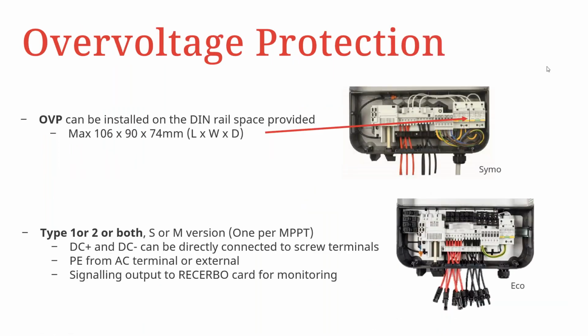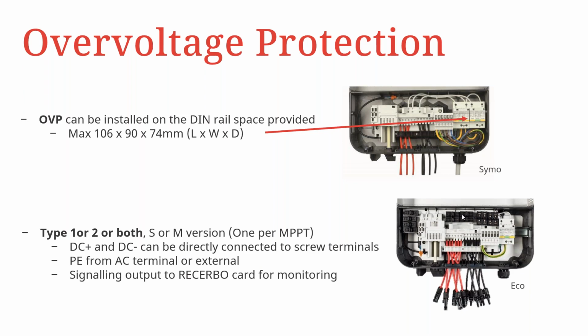On the overvoltage protection side, your overvoltage protection can be installed on the DIN rail space provided in the inverters themselves on the right hand side. So type 1 or type 2 or both is provided. For the S or M version, it is 1 per MPPT. The positive and negative side can be directly connected to the screw terminals.